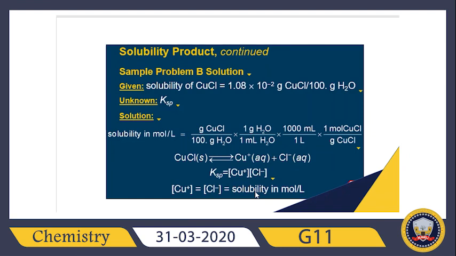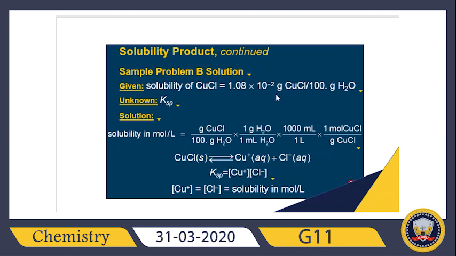So the concentration of copper is equal to the concentration of chloride, and is equal to the solubility in mole per liter. So here, in order to calculate Ksp, we need to find out the concentration of these ions. From where will we get the concentration of these ions, guys? By knowing the solubility of this compound. We actually know the solubility, but we have it in different units.